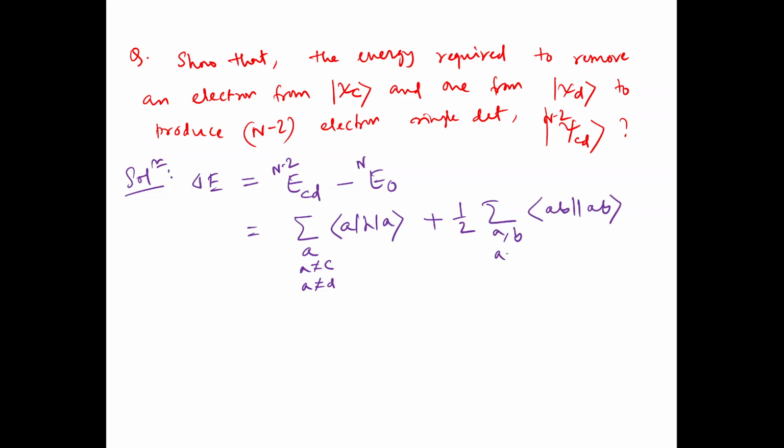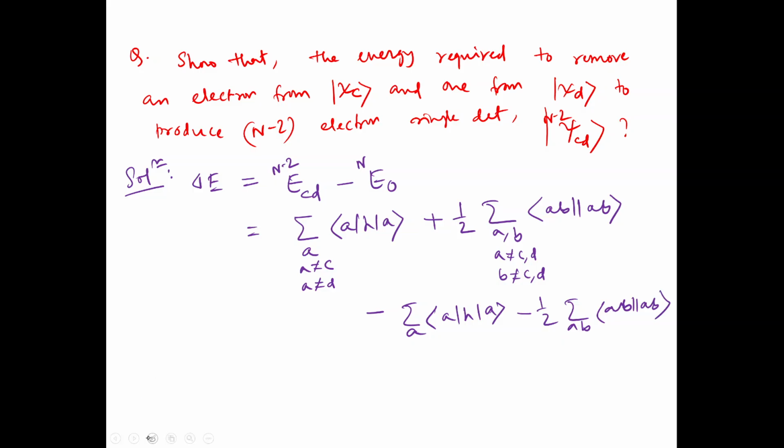Here again, A is not equal to C and D, and B is not equal to C and D, because your summation actually goes from A to n minus 2 here, and you are not going to do the summation when A is C or D, or B is equal to C or D. That's what it means. And the Hartree-Fock energy, E HF, minus half of summation over AB, AB.